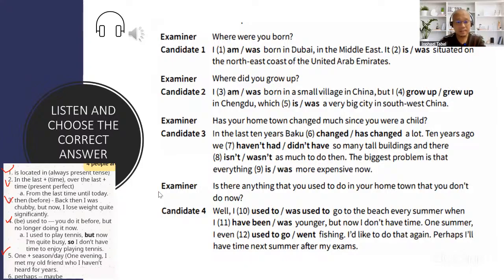So let me send this new vocab to our Zalo group chat, and please take down notes. Please write them in your notebook.